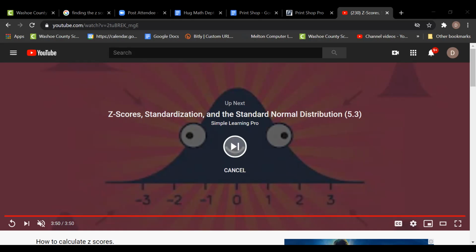So z-score is equal to x, which is 70, minus the mean divided by the standard deviation of 2.5. So 70 minus 63.6 divided by 2.5 is going to give me a z-score of 2.56.